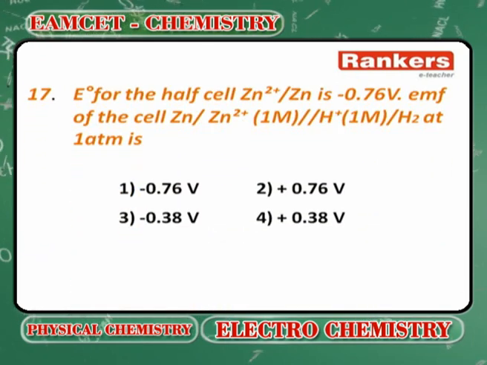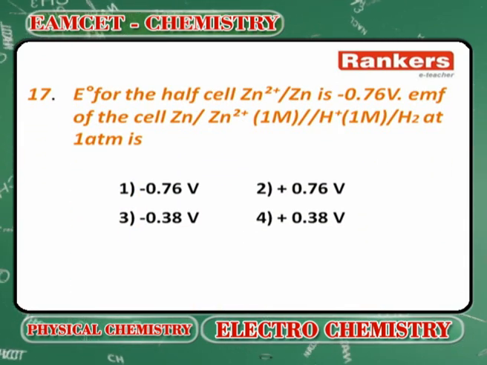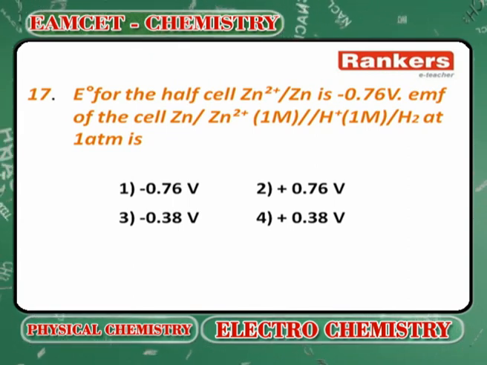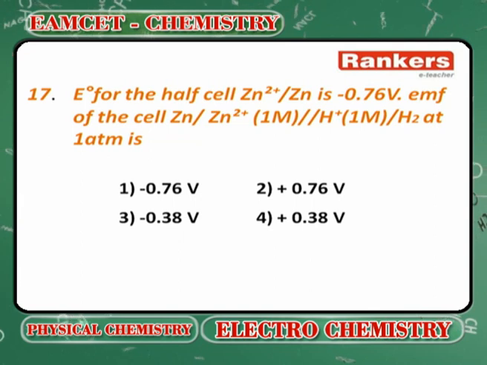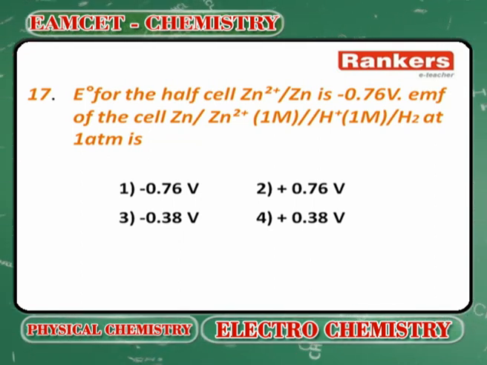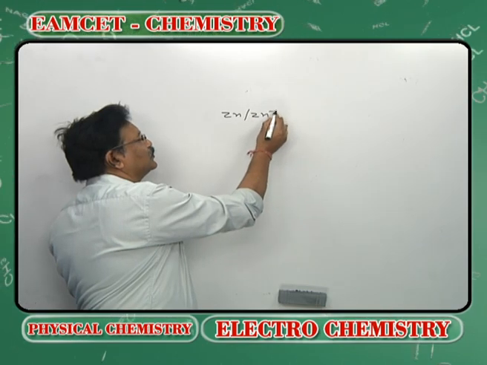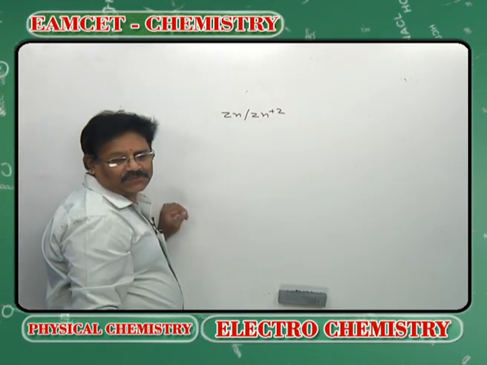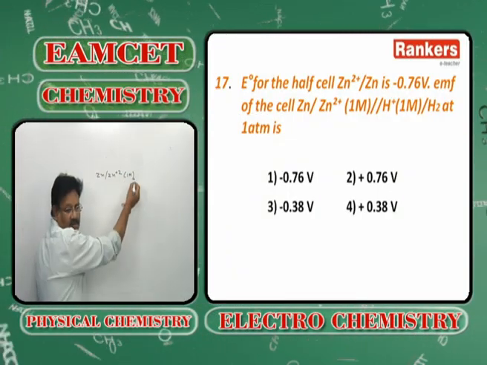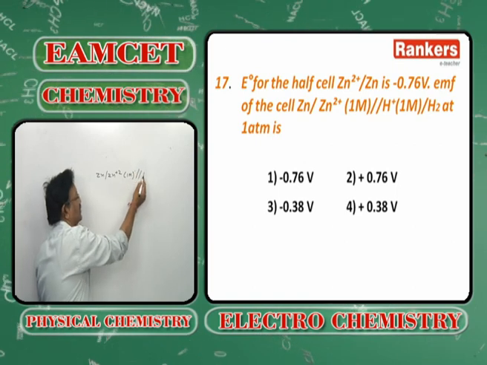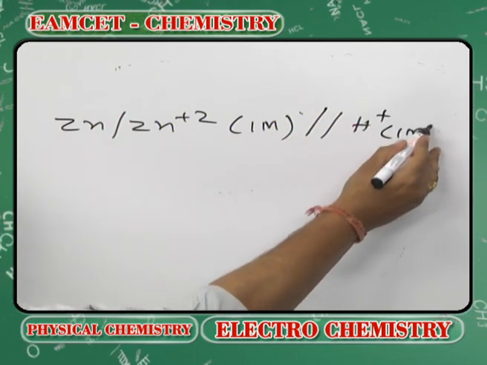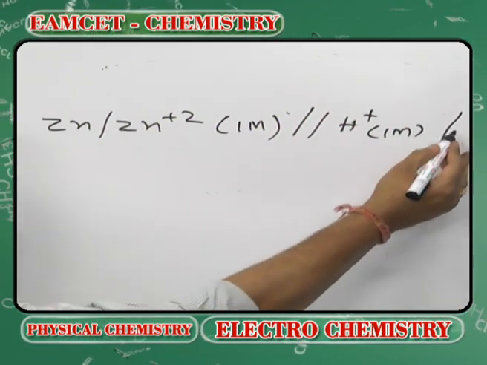Next question. EMF for the cell at 1 atmosphere pressure. The cell notation given is Zn, Zn plus 2 1 molar, and H plus 1 molar, H2.